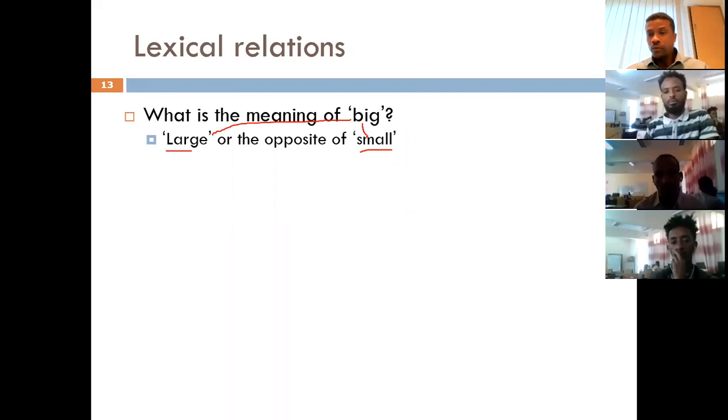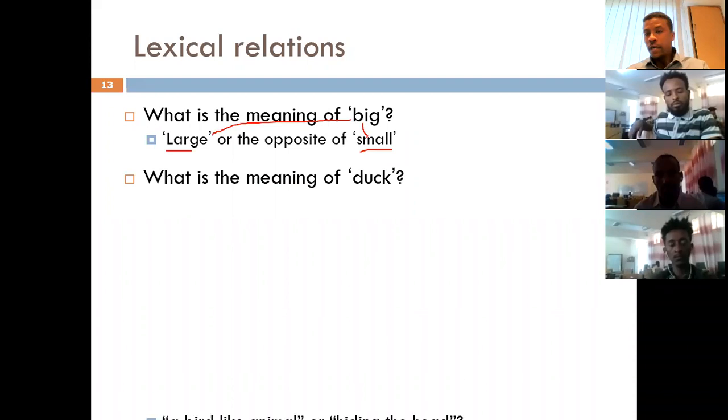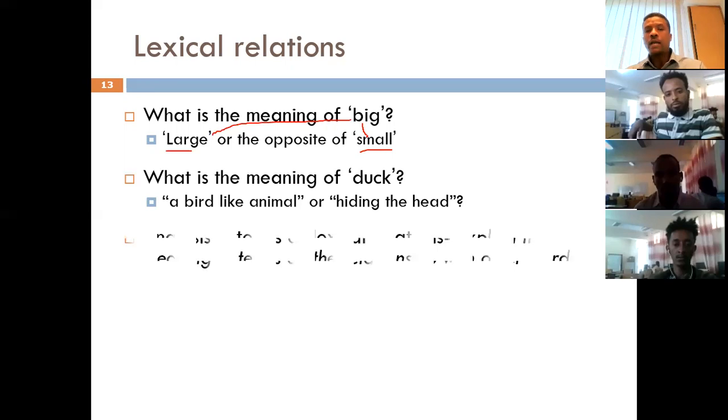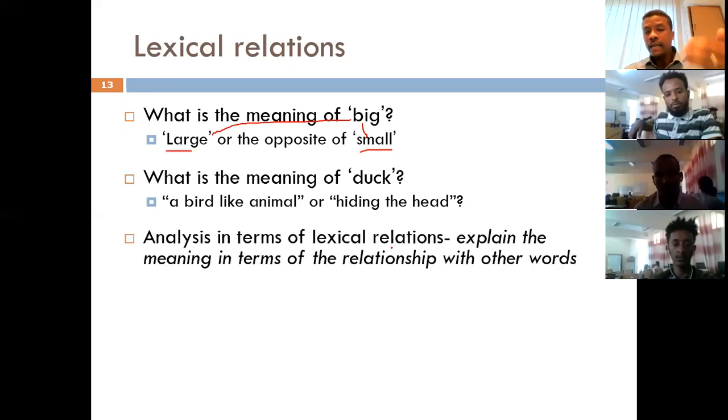So we're not talking about the definition of the words, rather the possible relationship that they can have, okay? So we said, what is the meaning of duck? Duck can be an animal or hiding your head. So beyond the dictionary definition, we can actually create a relationship. A lexical relation explains the meaning in terms of a relationship with other words, okay? This is very important.